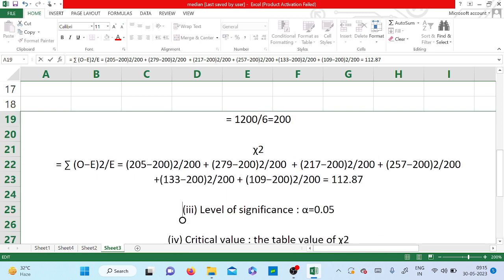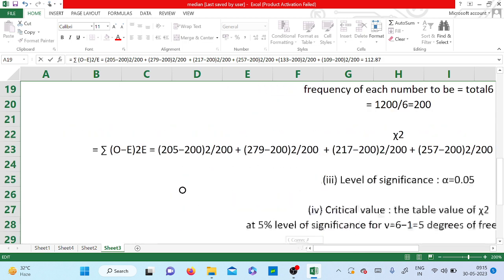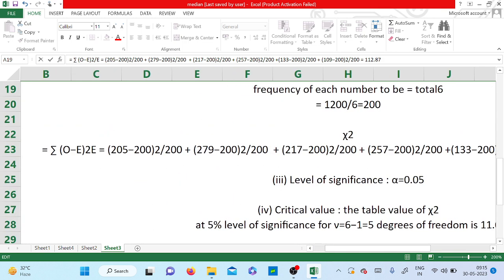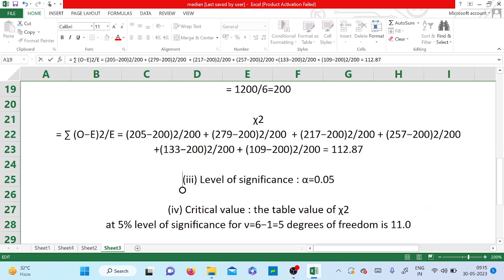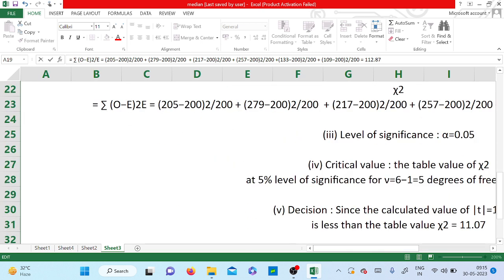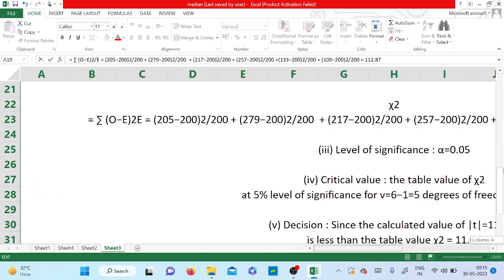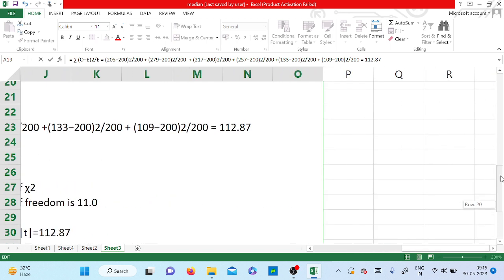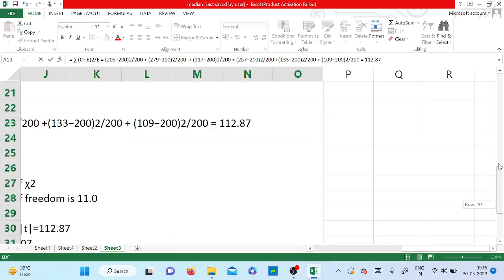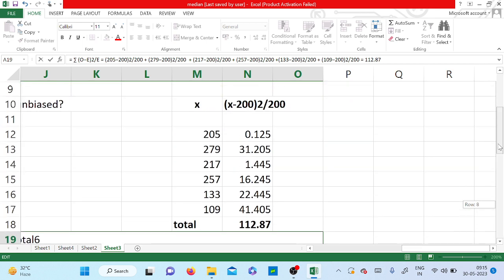In this way, I calculate the total summation, which I also show on the right-hand side. For x equal to 205, x minus 200 squared by 200, I calculate each, and the total sum is 112.87.